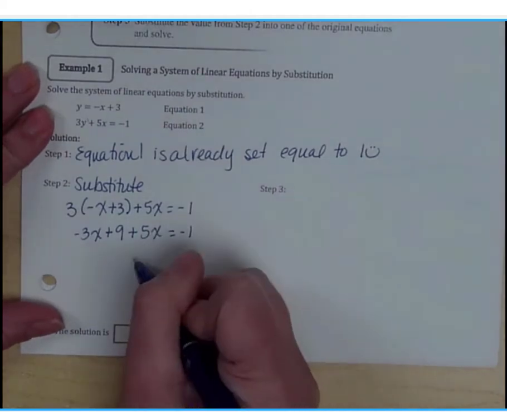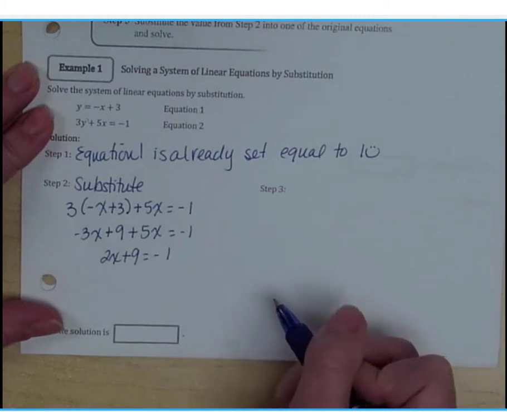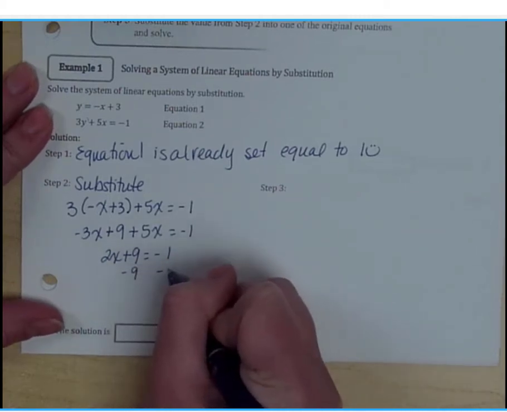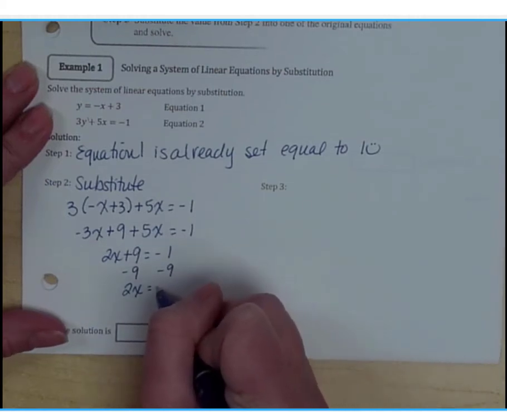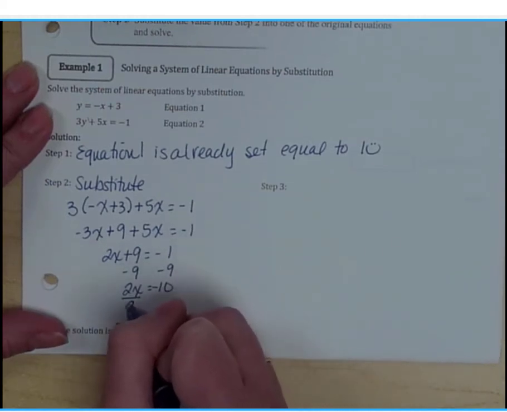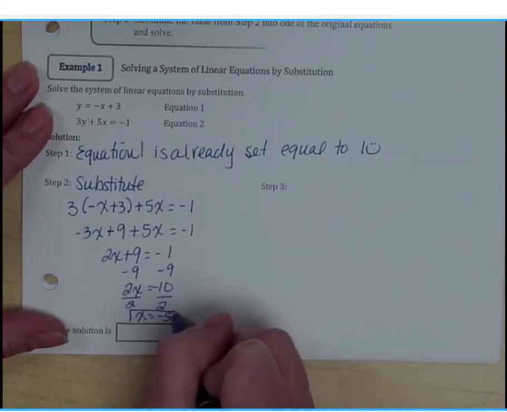When I combine my like terms, I get 2x plus 9 equals negative 1. I'm going to subtract 9 from both sides. 2x equals negative 10. Divide by 2, so x equals negative 5.